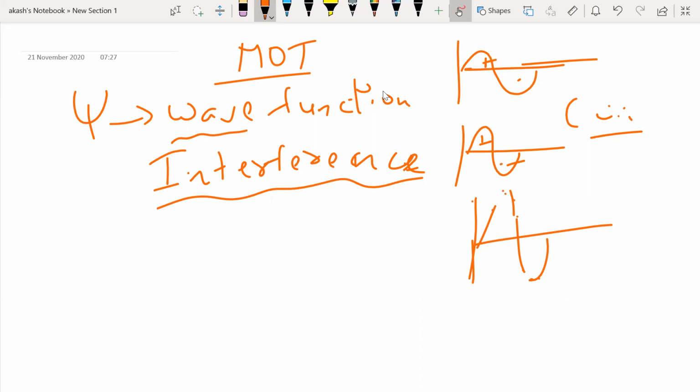You just have to know the order, which orbital should come first, which orbital should come next, right? So that if you know, you can just fill the electrons, and then you're going to find something called bond order, right? So anyways, let me put it in a nutshell. We'll see how it goes, right?